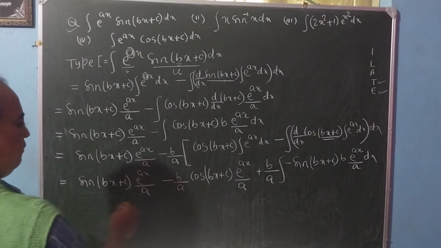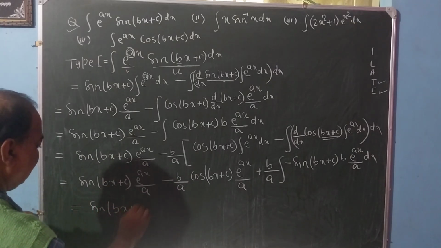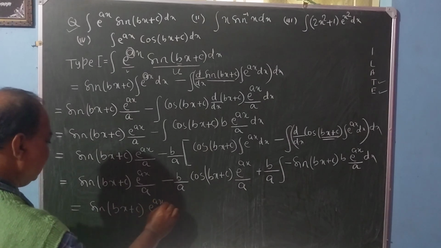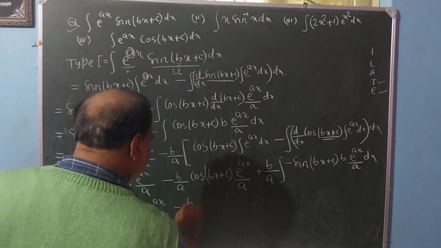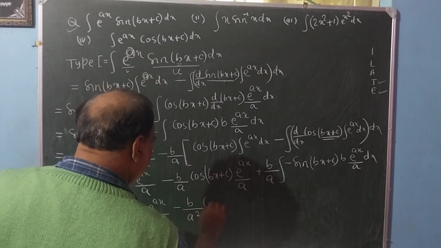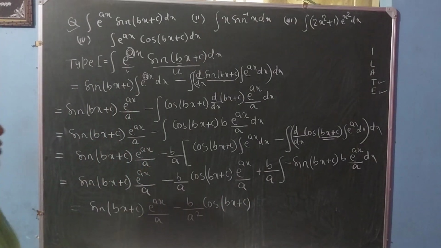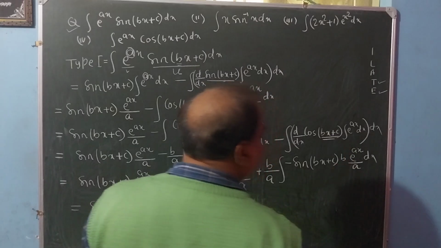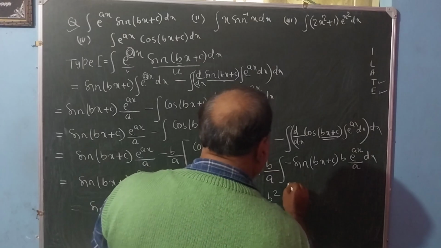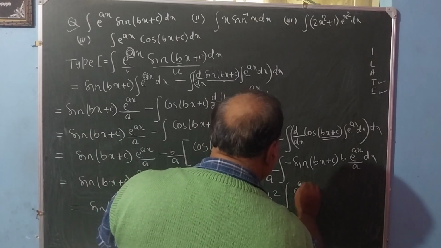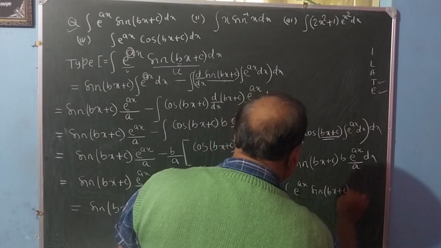So now we get sin(bx plus c) e to the power ax by a, minus b by a square cos(bx plus c) e to the power ax, minus b square by a square integration of e to the power ax sin(bx plus c) dx.